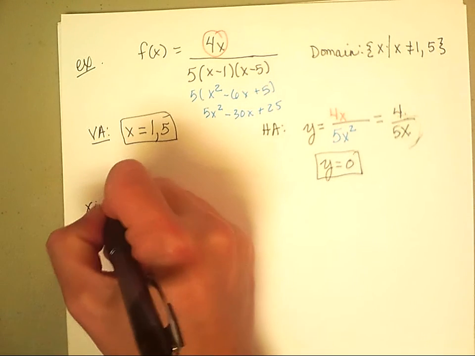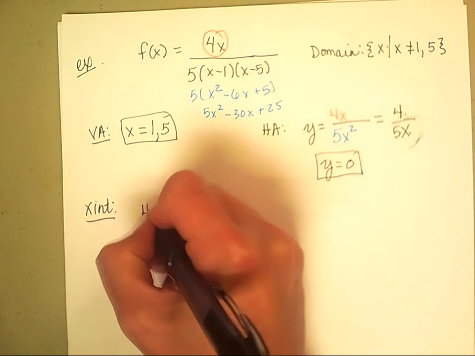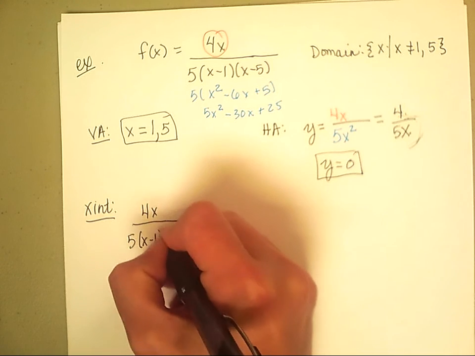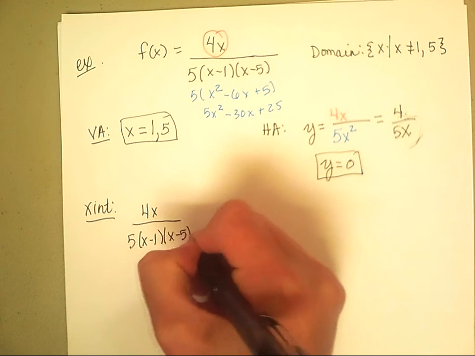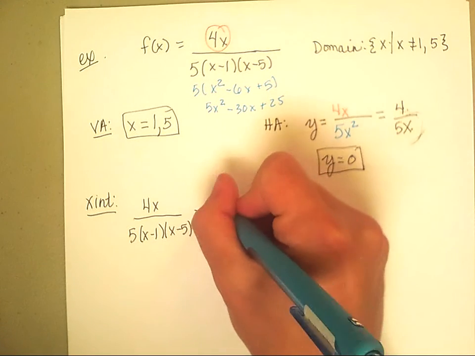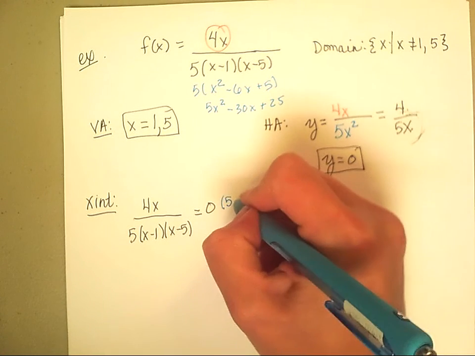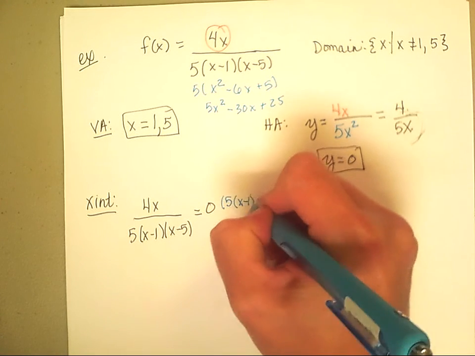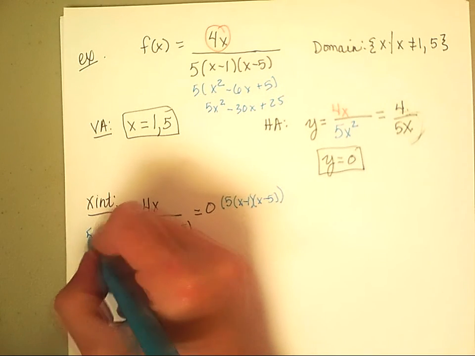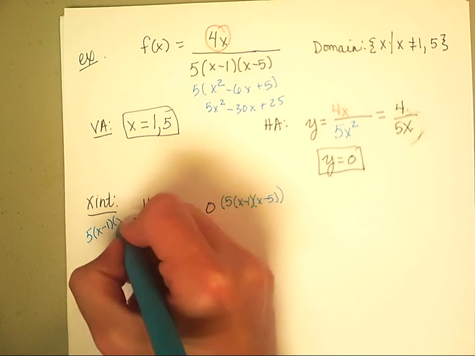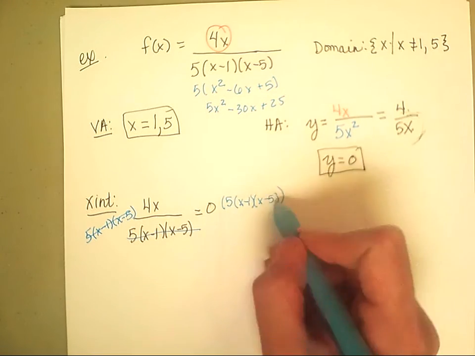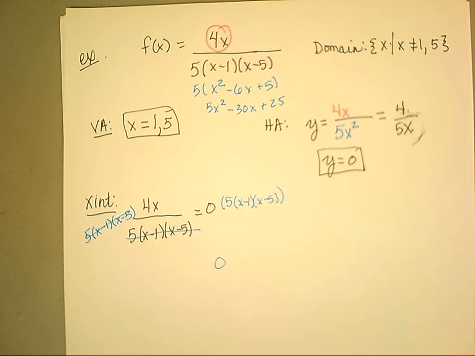We need our x-intercepts. So we have to find where 4x over 5(x minus 1)(x minus 5) equals 0. We multiply through by the denominator, 5 times (x minus 1) times (x minus 5), on both sides. These denominators will cancel, and the right side will still equal 0.